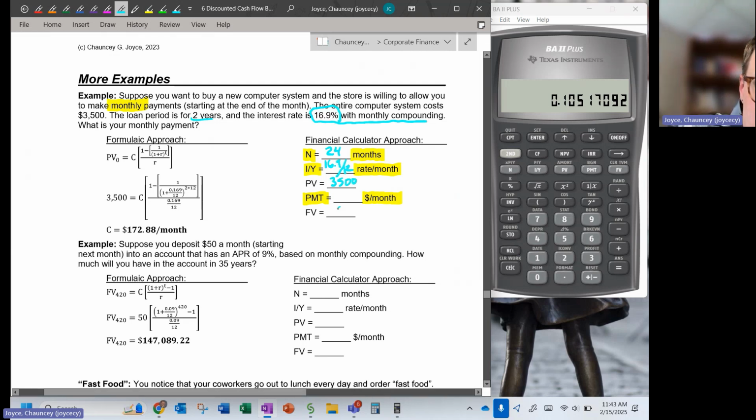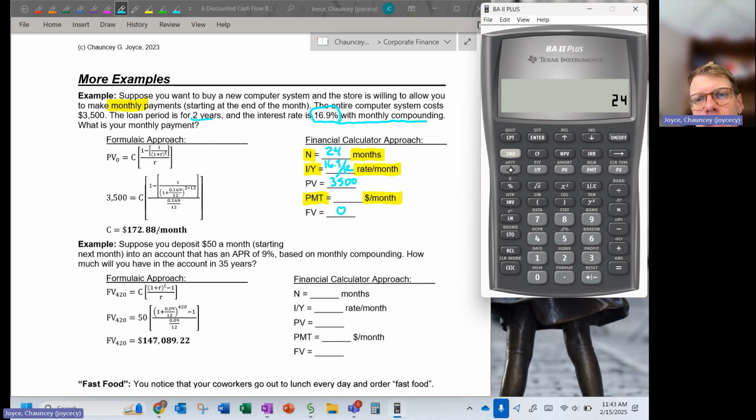We're going to pay that loan balance off to a future balance of 0. So let's do 24 and 16.9 over 12 is your I/Y, 3,500 present value, 0 future value, and then compute payment.